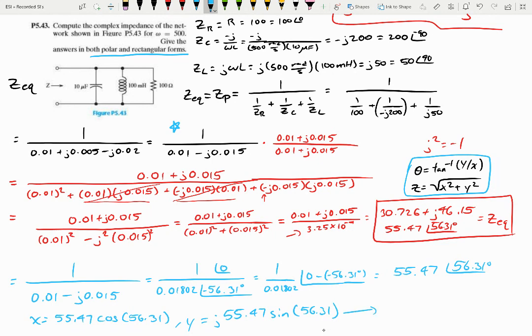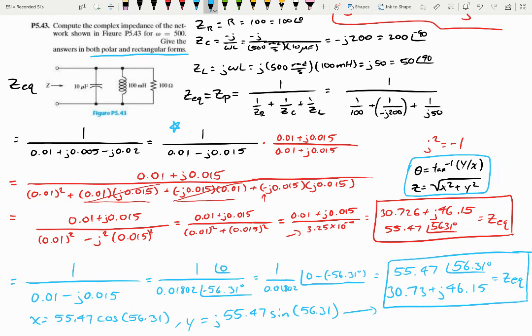Then we would get, it's the ugliest 3 I've ever drawn, 30.73 plus j 46.15. Okay, so there are options when it comes to these.